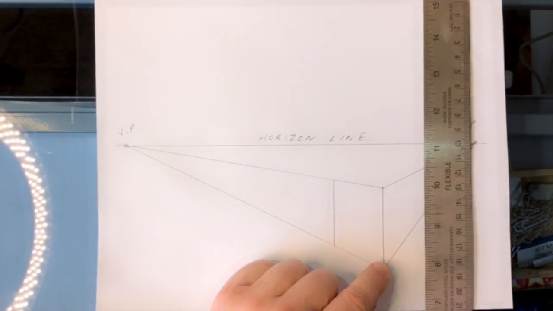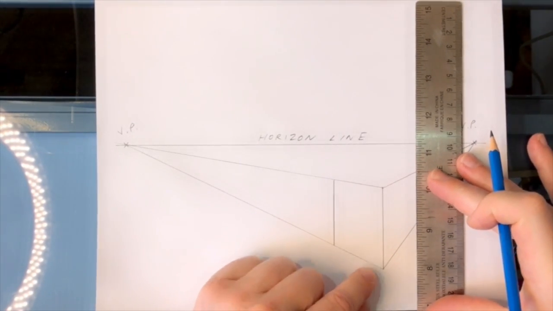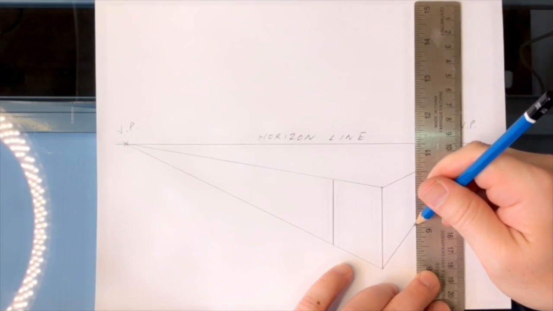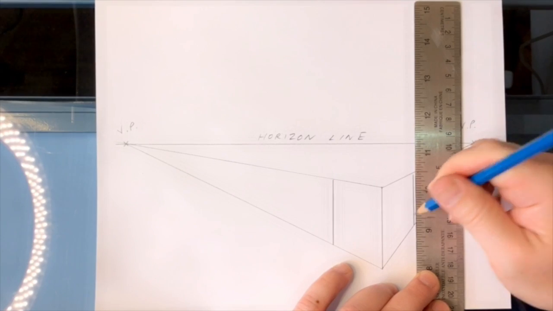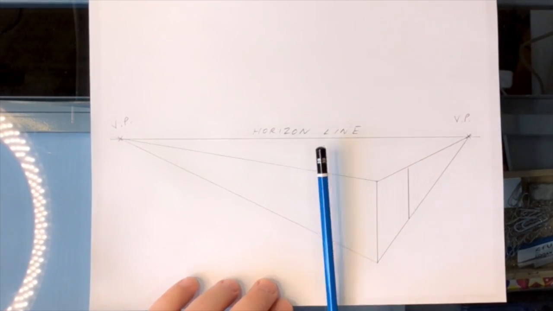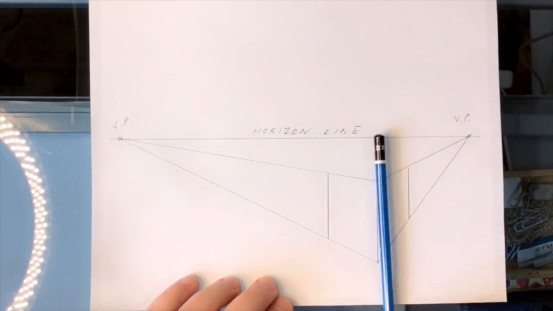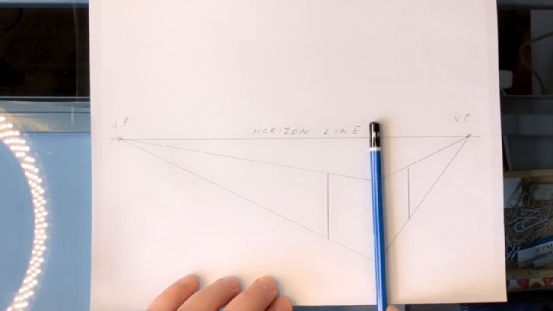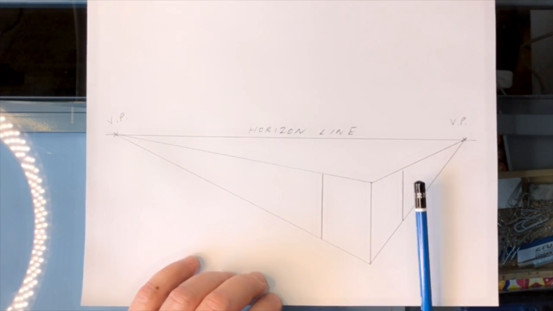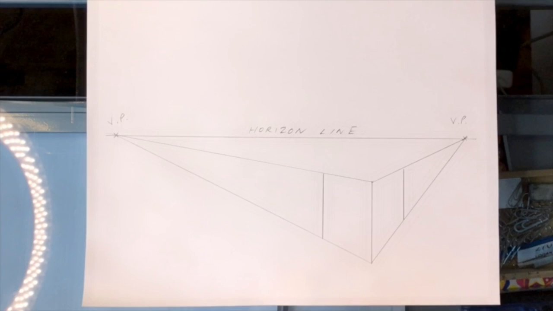The other lines that go to the VPs are always at an angle depending on where the VPs are. Here's the imaginary back of my cube. All right, so draw yourself two parallel lines parallel to that very first edge that you drew. It doesn't have to look exactly like mine, but something like this.